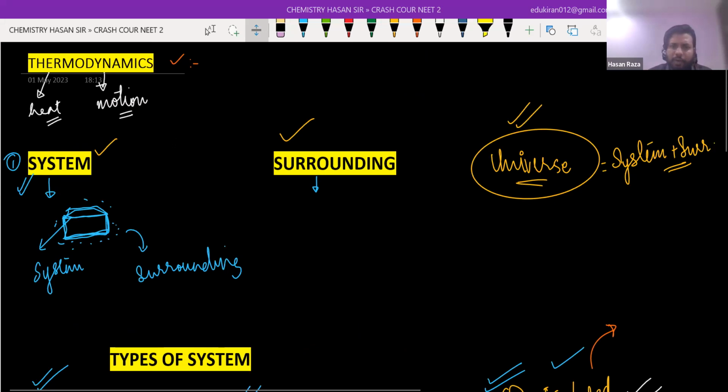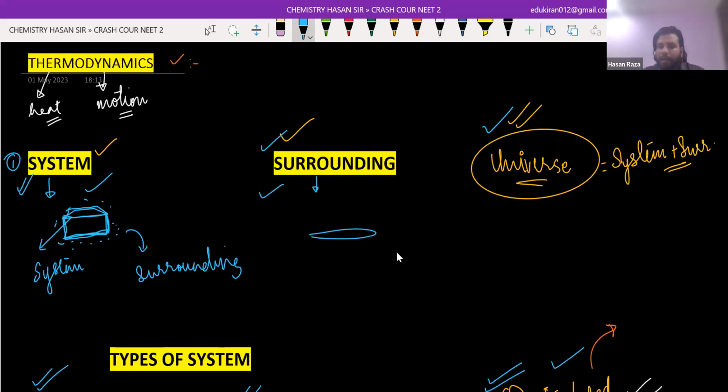Now we are going to see some important terms related to thermodynamics: system, surrounding, and universe. So, what is system? System is basically that in which you are carrying out the reaction or the process. Just after the system, whatever is there, that is your surrounding.